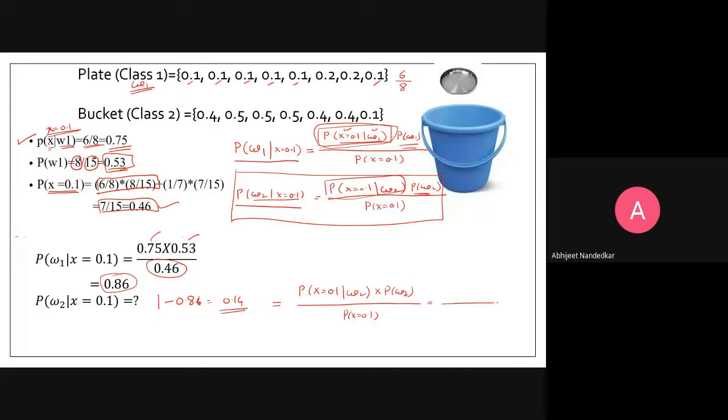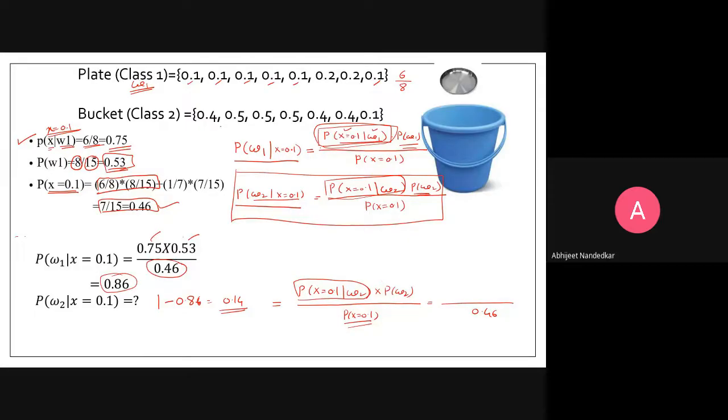You have already calculated this denominator. The denominator is 0.46. Now, can you find out the probability of x is equal to 0.1 given it is omega 2?